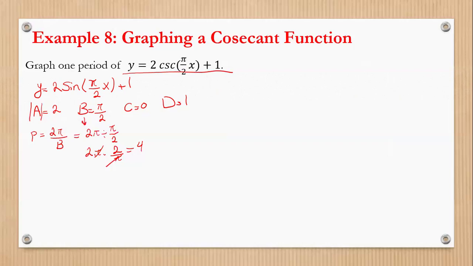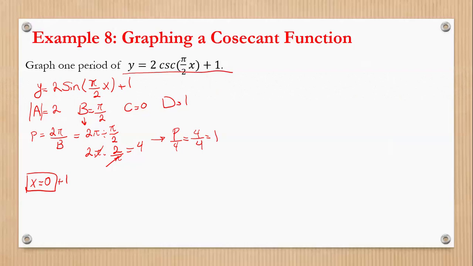If the period of the function is 4 and the phase shift is 0, that means you start from the phase shift, which is your first key point, and then divide the period by 4. 4 divided by 4 gives you 1, and then 1 is the number that you need to keep adding to find all other key points.